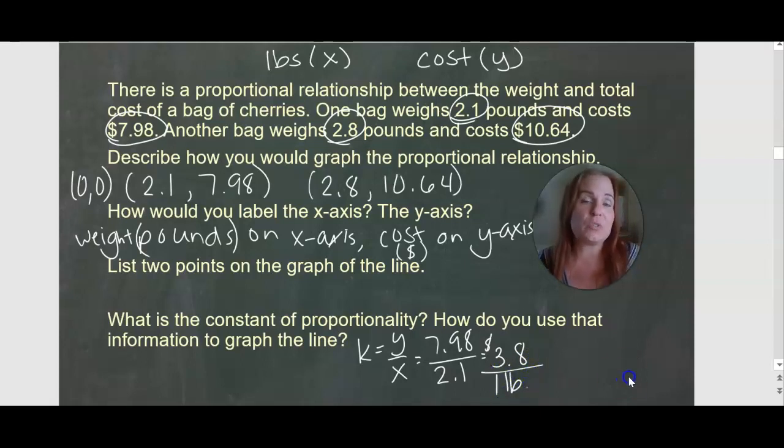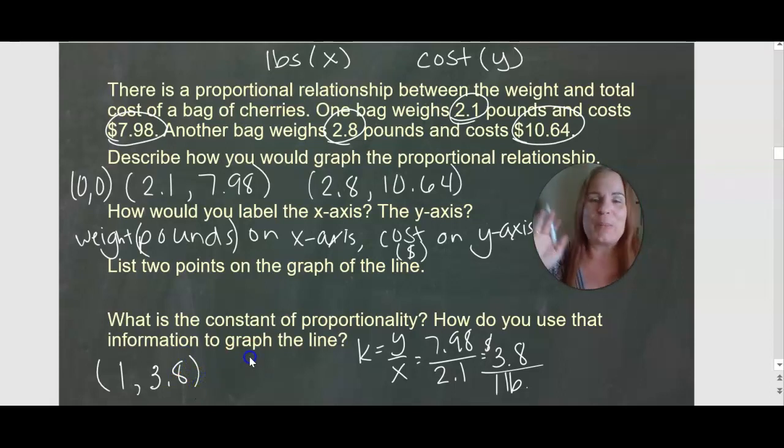So how I would use that information to graph is every time I go over 1, which is my pounds, right? I would go up 3.8. So I could have one point, of course, that's at 1 pound, $3.80.